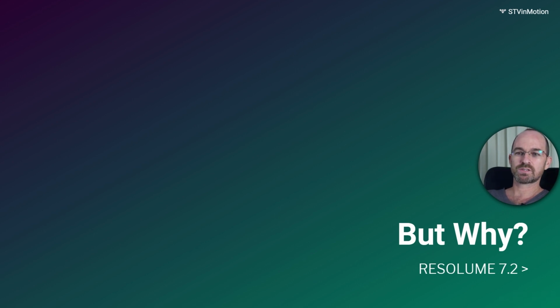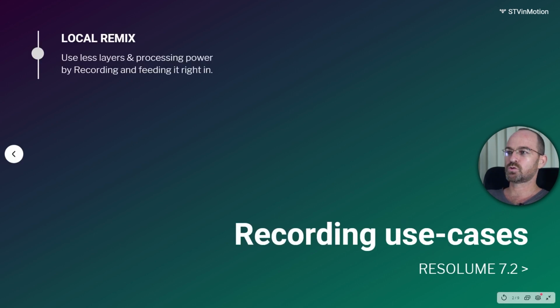And this presentation says, but why? Why should I use the recording button? So the first use case that I can see for this is, like I just said, to have a local remix, meaning you have a mix and then you record it. The recording uses only one layer slot and uses less processing power because all of the effects and everything were baked into this clip.